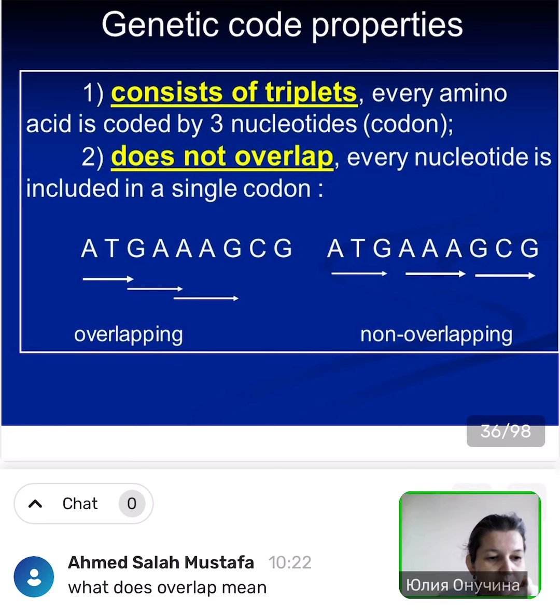It's possible only for prokaryotic cells, not for eukaryotic cells. You see on the right side, ATG, only one nucleotide in one codon. The next nucleotides will take part in the next codon. They will not double.